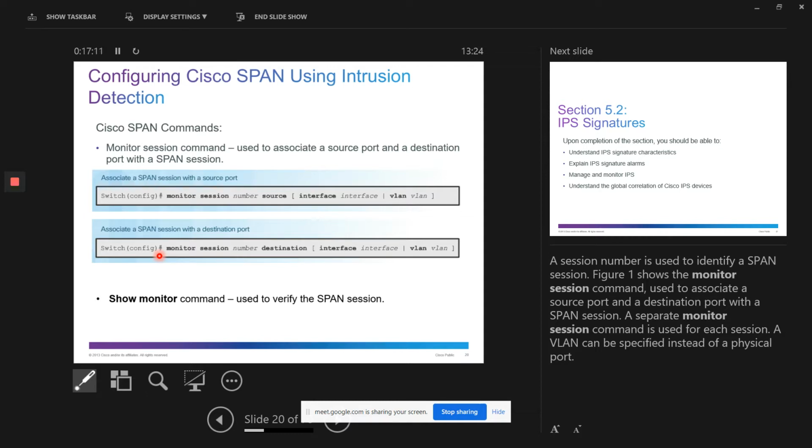Then we associate a SPAN session with the destination port. The command is the same; instead of the source port, you put the destination port. To check whether this has been done correctly, simply use the show monitor command. It will show you the configuration.